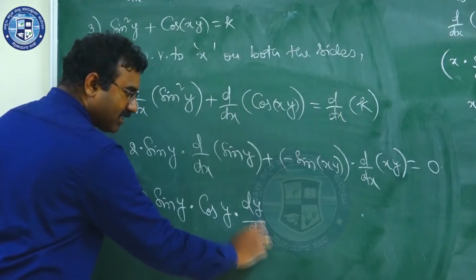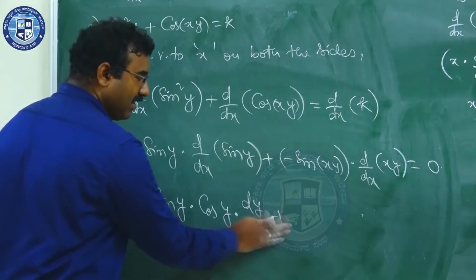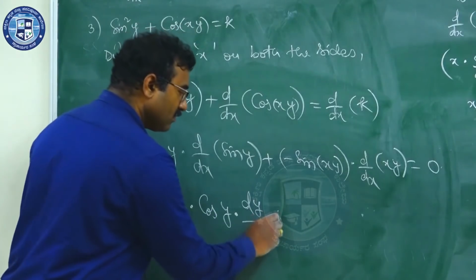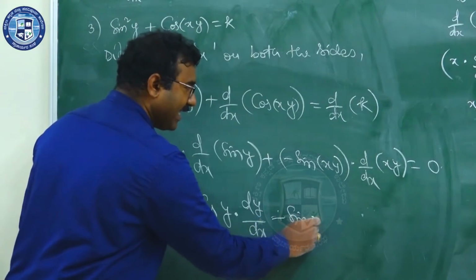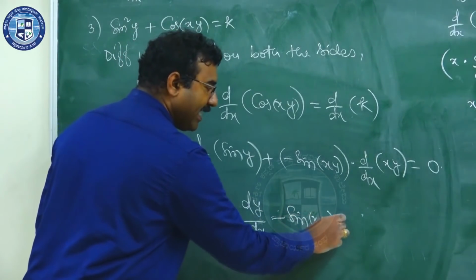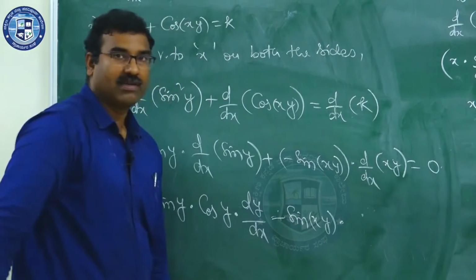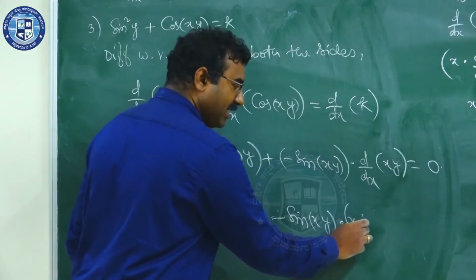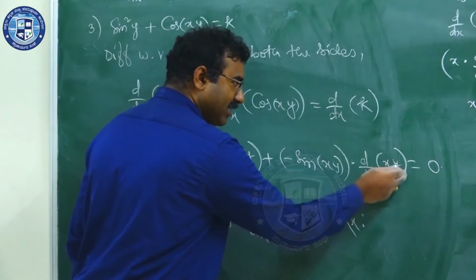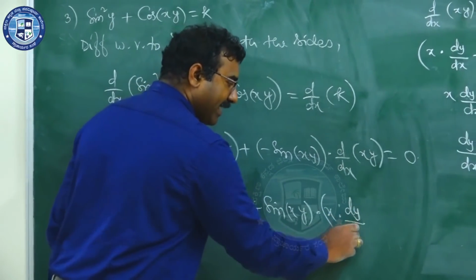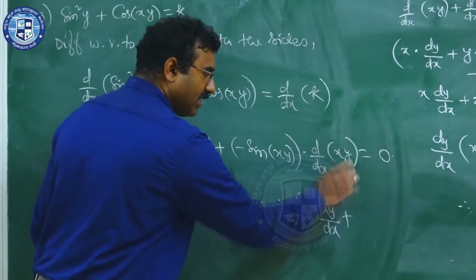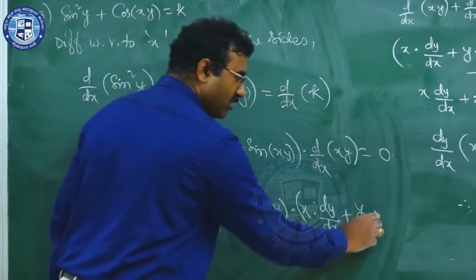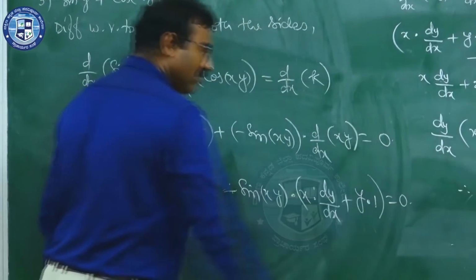So dy by dx, here minus sign is there, minus sin xy into, you have to apply product rule here. So x into the derivative of the second function, d by dx of y is dy by dx, plus y into the derivative of the first function, 1, is equal to 0.